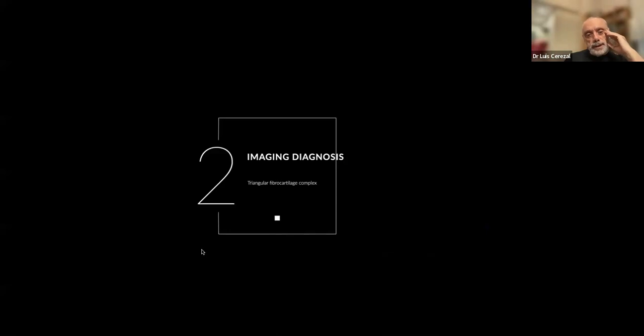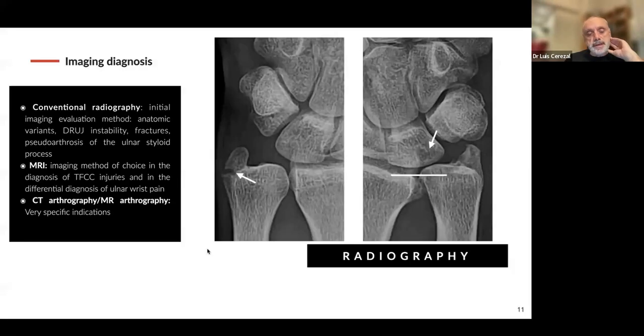Let's move to the brief imaging review of the imaging diagnosis of TFC injuries. Conventional X-ray is usually the initial imaging evaluation of any wrist injury, especially traumatic injuries. This could be informative sometimes, but in most cases it is completely normal.